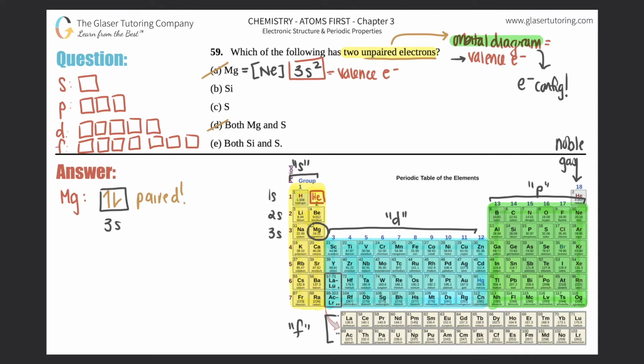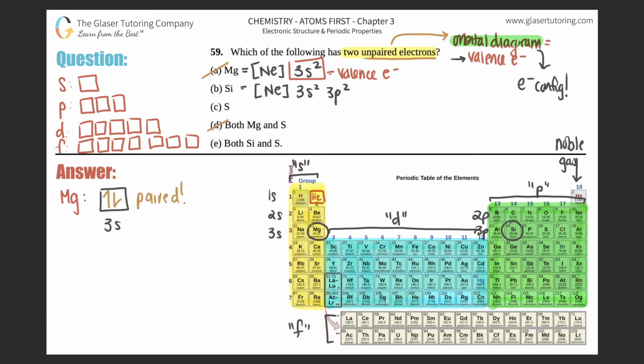Let's now go to silicon. Shorthand version, silicon is right here. The noble gas before it is neon, once again. Now let's write out the electron configuration. It's still 3s2, but now we move over here. This is the 3p, so it would be 3p2.